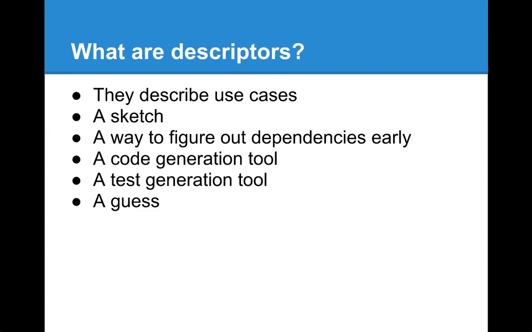But the point is that when you are sketching out early these sort of high level concepts of what the functionality is, you can also use it as an opportunity to think about where these actions touch other things. And so, as part of the descriptors, you can actually sketch out some of the required dependencies, required functionality that you think you might need.